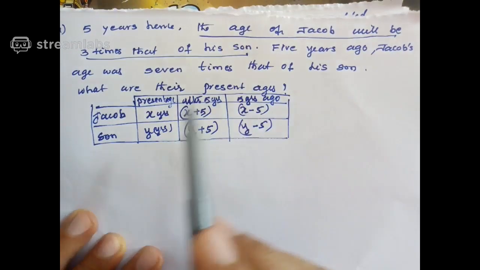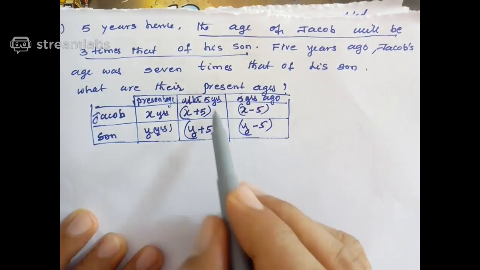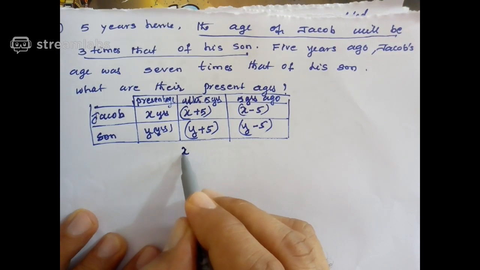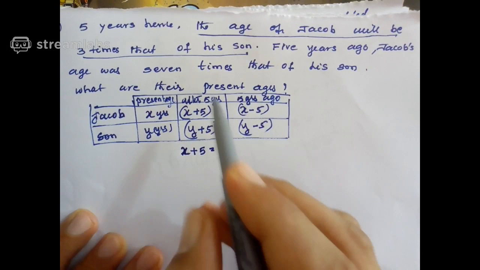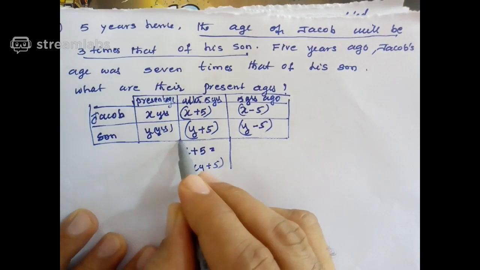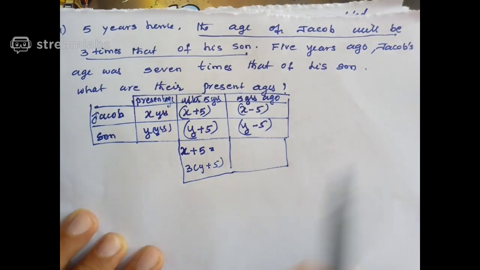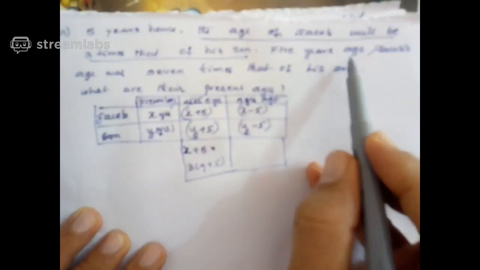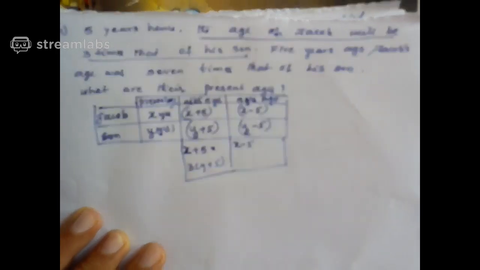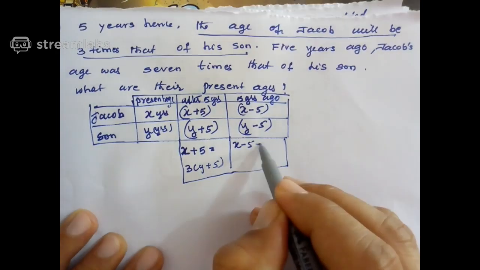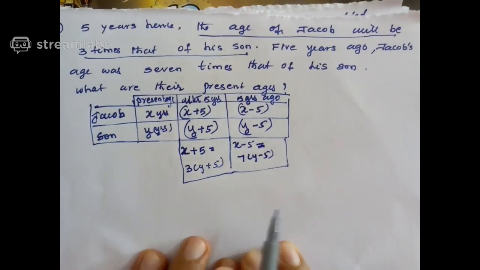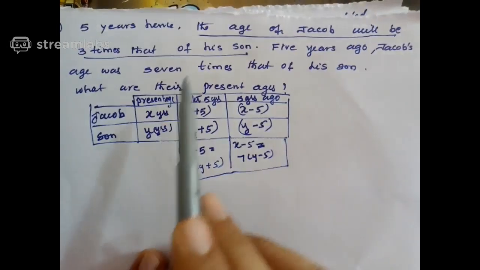See the first statement according to the question. 5 years hence, the age of Jacob will be 3 times that of his son.